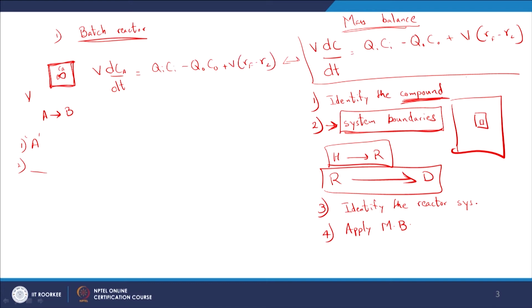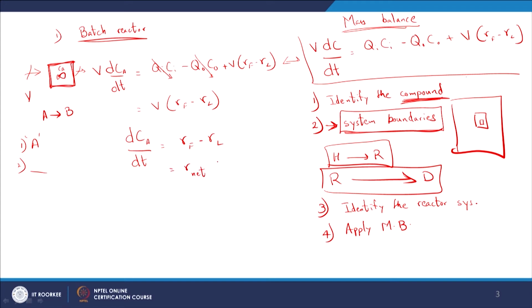But now this is a closed system, as in there is no flow coming in and no flow going out. That means the first two terms are irrelevant. So that's equal to just volume into rate of formation minus rate of loss of the compound. That translates into dC by dt equal to rate of formation minus rate of loss, or R net.